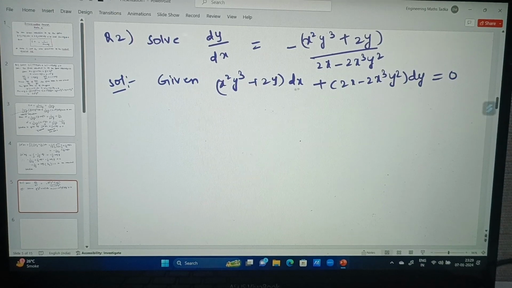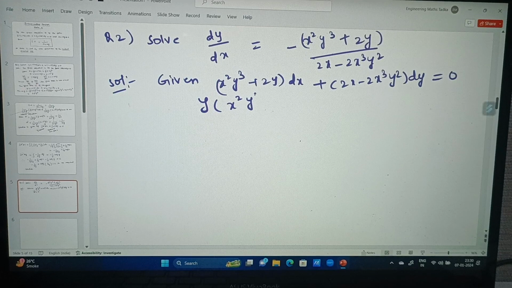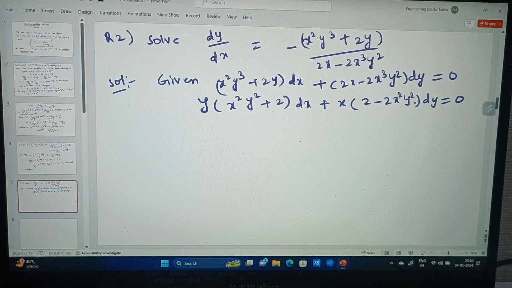Now equation देखने के बाद तुरंत आपको क्या दिखाई दे रहा है? पहले पार्ट में y को बाहर निकाल सकते हैं. So y into, you can write it as x square y square plus 2 into dx, plus in the second part you can take x outside, so you can write it as x into 2 minus 2x square y square into dy is equal to 0.